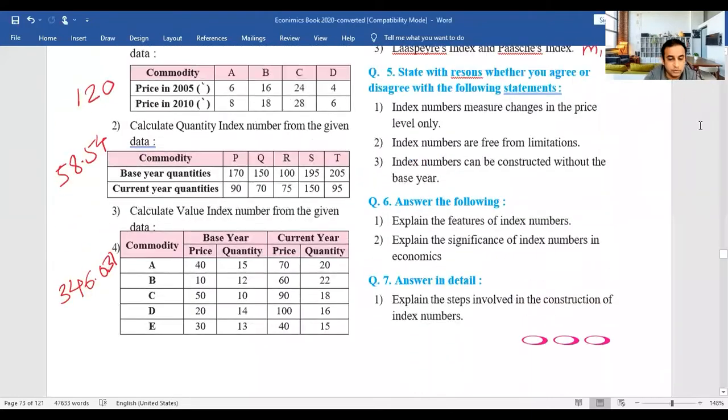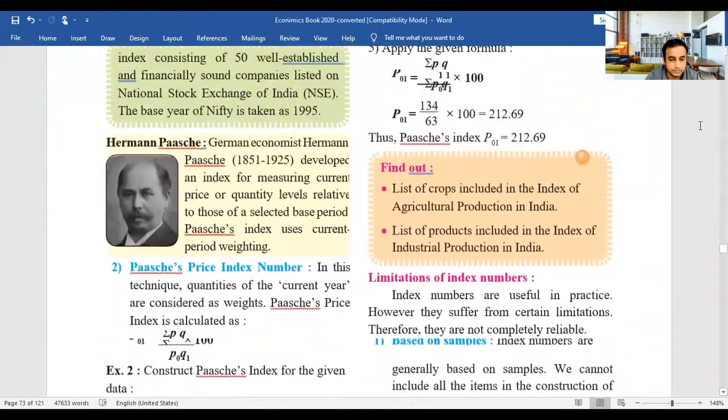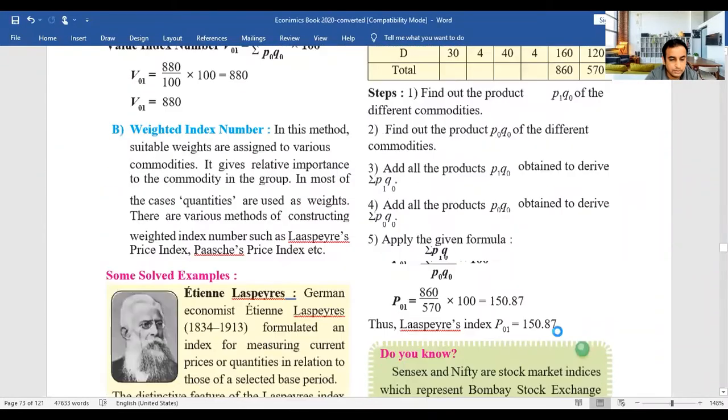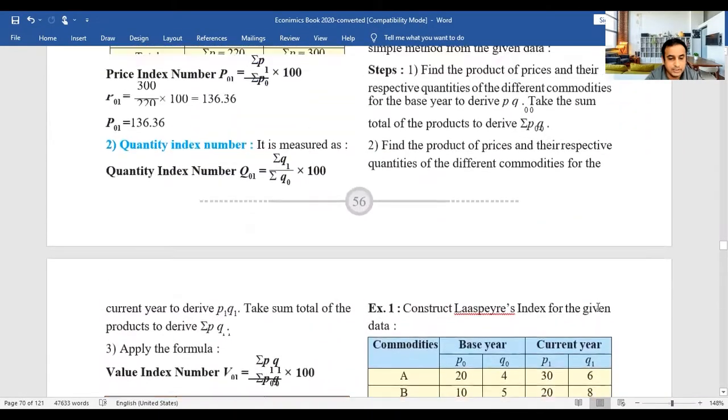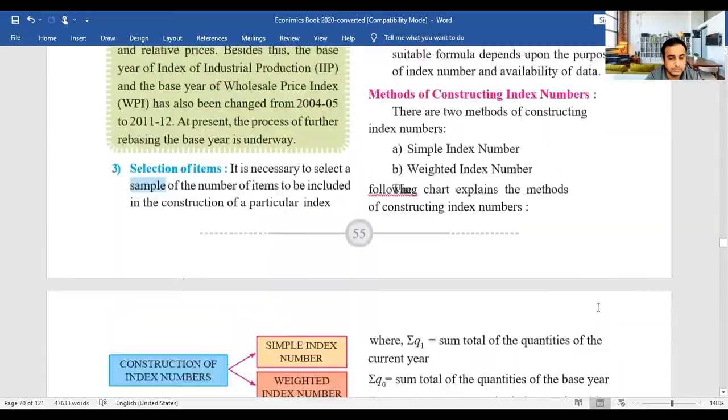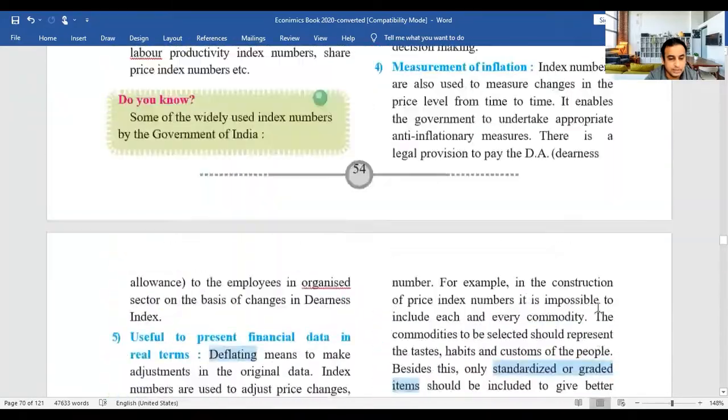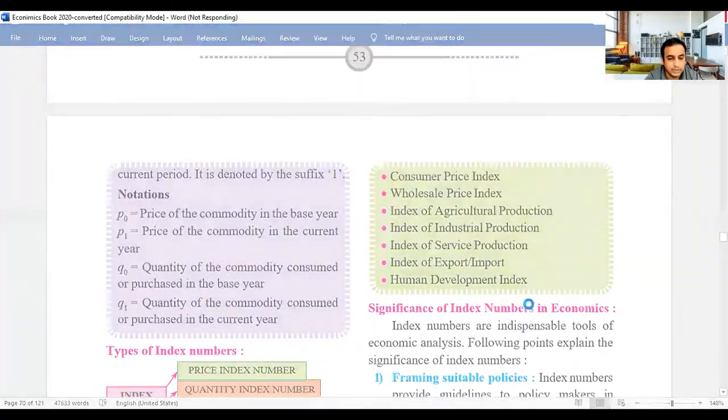So we will go to the textbook, where we shall be discussing some key concepts related to the index numbers.